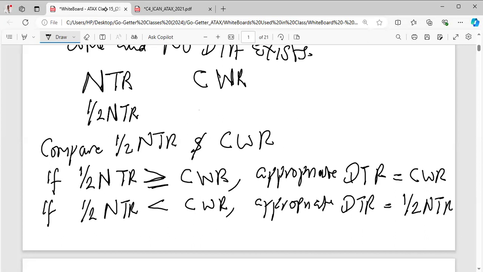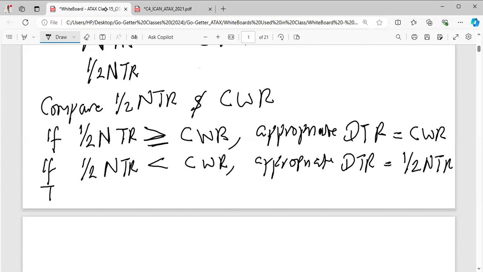So what we are saying here is the maximum DTR is equal to half of Nigerian tax rate. So when there is no double taxation agreement, the relief will never be more than half of Nigerian tax rate. So care is taken that we do not give tax relief more than half of the Nigerian rate of tax, such that at least the other half can be taxed by Nigeria.